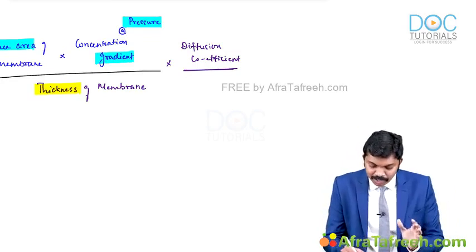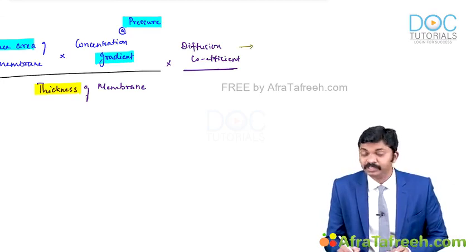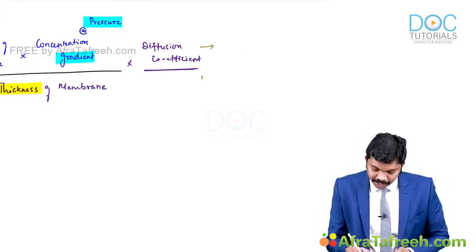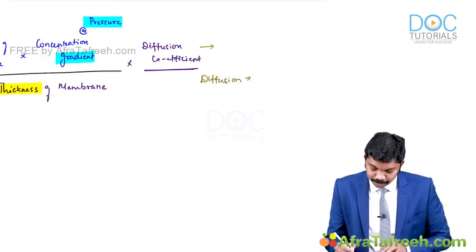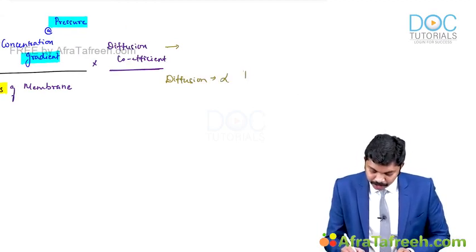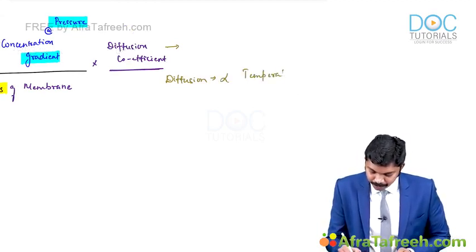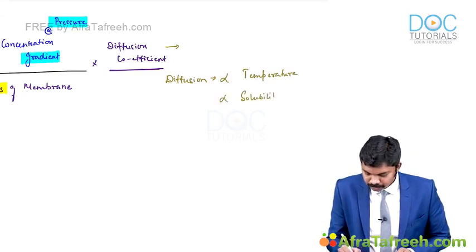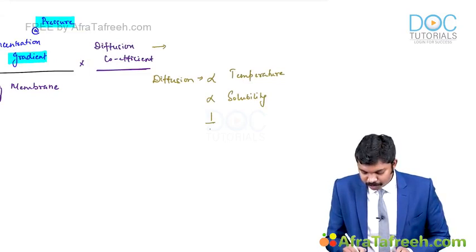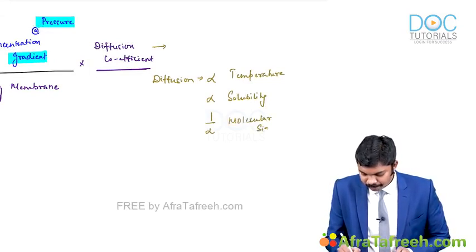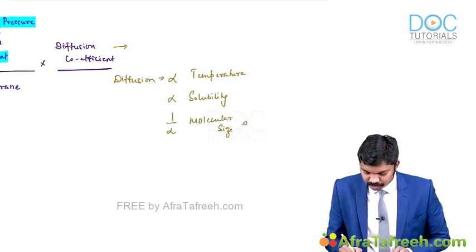Simply speaking, the diffusion coefficient says that rate of diffusion is directly proportional to temperature, directly proportional to solubility, and inversely proportional to molecular size. Molecular size is also called the radius of molecules.